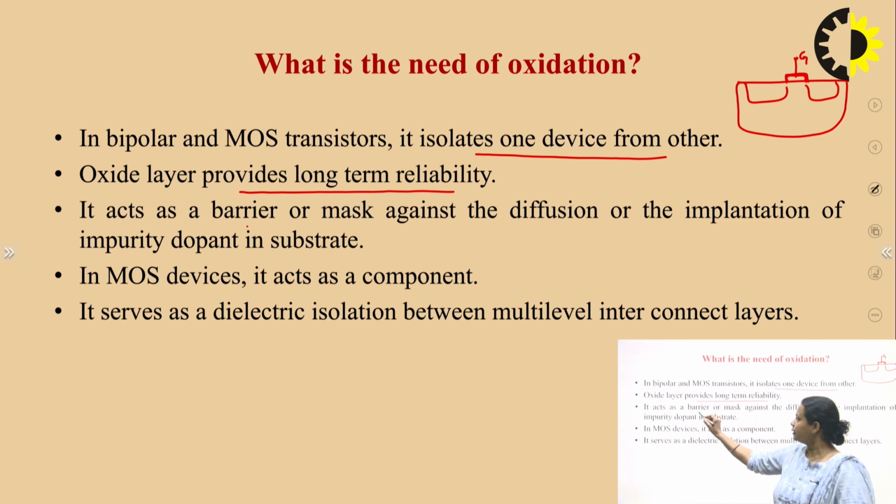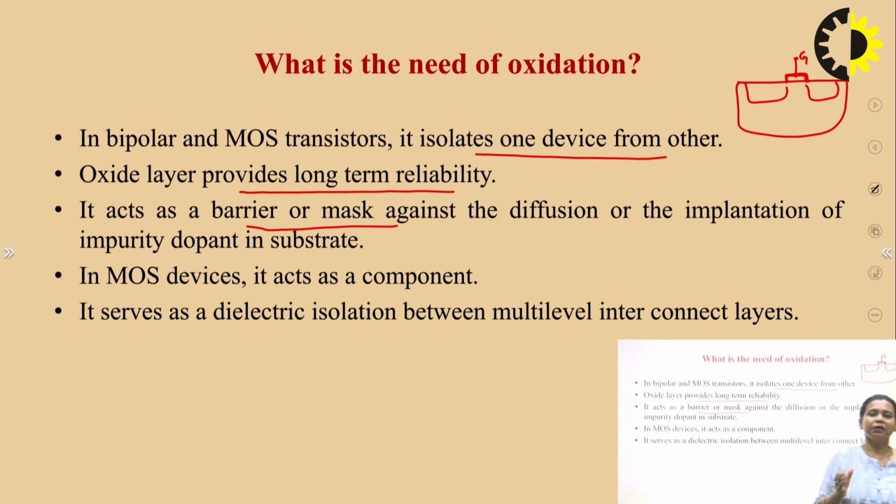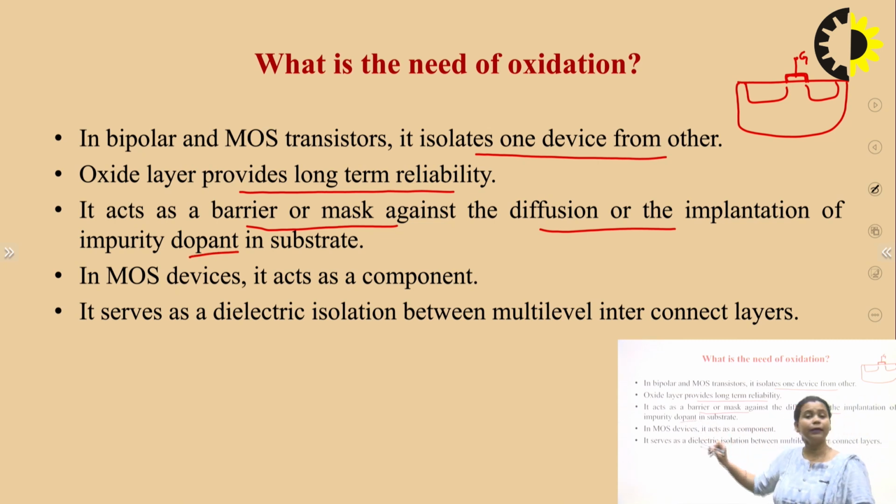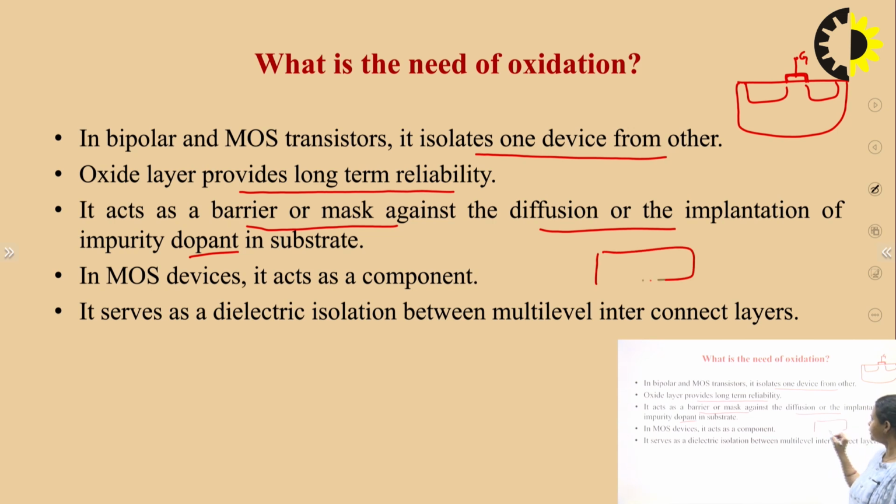Then it acts as a barrier or mask. A mask is something which causes some kind of hindrance or barrier. Here it acts as a barrier or mask against the diffusion or implantation of impurity dopants in the substrate. Suppose your substrate is like this, and now you have covered it with your SiO2 layer.